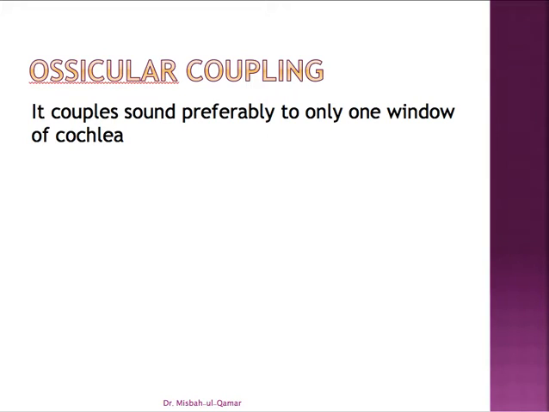There is always a preferential pathway to the oval window, and that is because of the ossicular chain. So this phenomenon couples the sound preferably to only one window of the cochlea, as a result of which a differential pressure is produced between the two windows, and that is called auricular coupling.